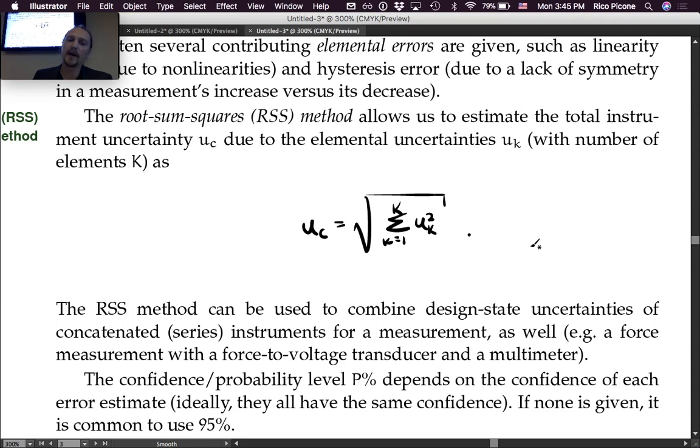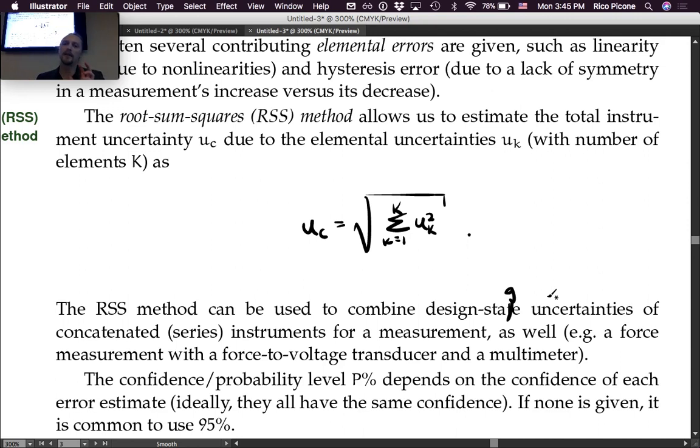The RSS method can be used to combine design stage uncertainties of concatenated or series instruments for a measurement. I think this is a typo, and this was supposed to be design stage uncertainties. So it's not just the uncertainties within a given device.